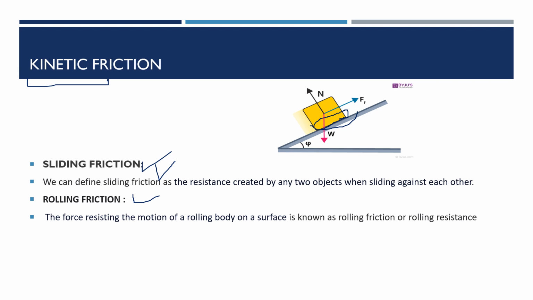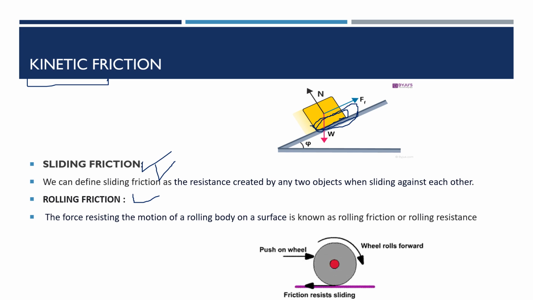Three forces are acting upon it, and there is an angle of friction also. Angle of friction and limiting friction we are going to discuss in upcoming videos. But for now, we can just describe it as: when the body's lower part is in full contact with the surface, it is known as sliding friction.